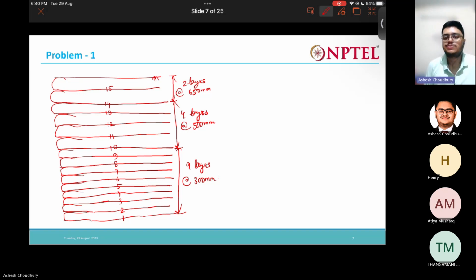We utilized the rupture criteria to determine the spacing. Now, we will be utilizing the pull out criteria to determine the length. Okay, we will be using the pull out criteria to determine the length of the reinforcement.